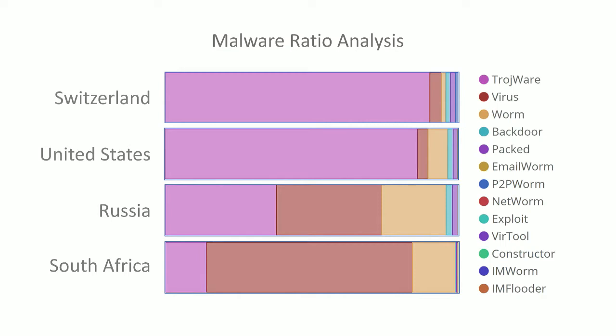They take advantage of more pirated software, less licensed software, and networks and enterprises that are not properly maintained. So here you can see that Trojans, for example, leave a smaller window for other things in Switzerland. But in South Africa, look at the domination by viruses and worms. Russia is somewhere in the middle. The United States is a little bit closer to Switzerland, but not quite as tight.